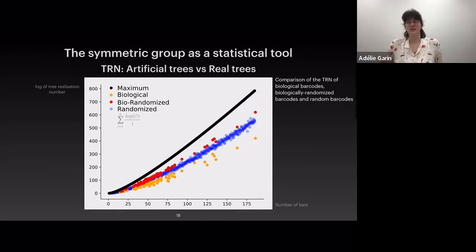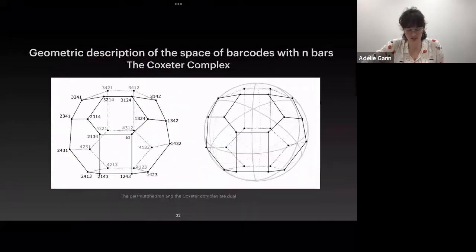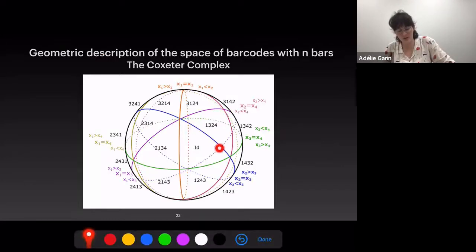So the tree realization number, you could define it for equal values, but the thing is with real data, it doesn't really happen. You never have two endpoints or bifurcation points of a neuron that have the same value. But this is basically what this Coxeter complex representation does. I didn't want to go into the details of what happens with the lower dimensional strata, but it's exactly when you have two equal values.